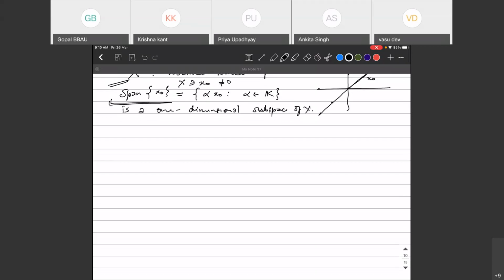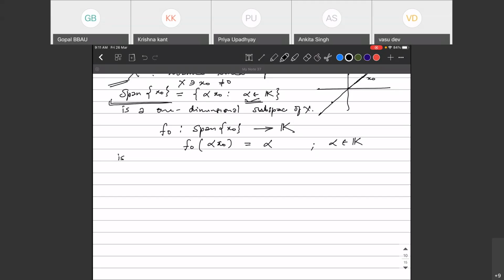How? We define a function f naught from the span of x naught to K. Any element in the span of x naught is of this form, and we map this point alpha x naught to alpha, where alpha belongs to K.